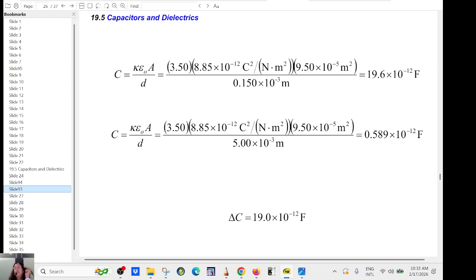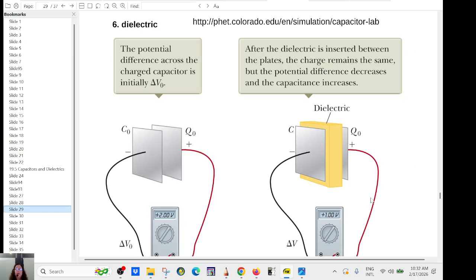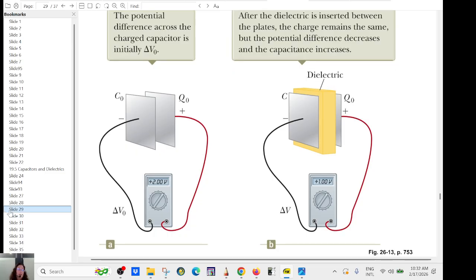So you do 5 divided by 0.15, and whatever number you find, you can multiply this one. So you don't have to do it again. Okay? So dielectrics, you see what it does here. It gets polarized. Okay, we did that. Okay, we understand that.